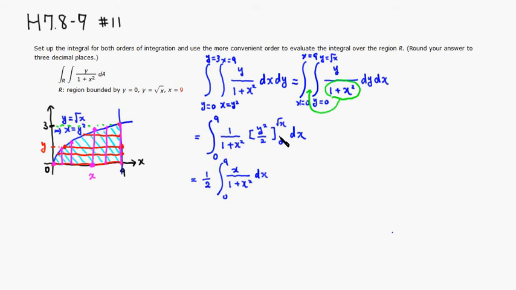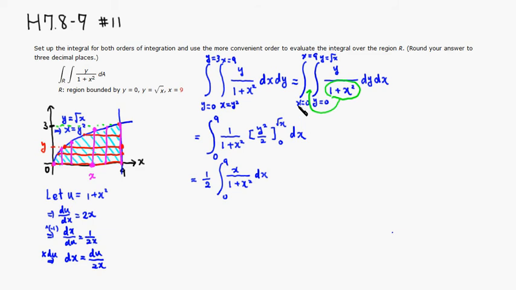Then we can do a substitution on this. Let u be 1 plus x squared. Then the derivative of u with respect to x is 2x. Taking the reciprocal of both sides, dx over du is 1 over 2x, and multiplying by du gives dx equals du over 2x.